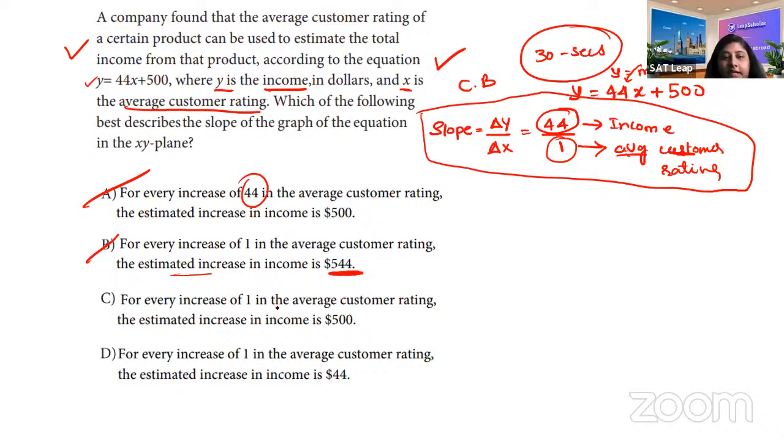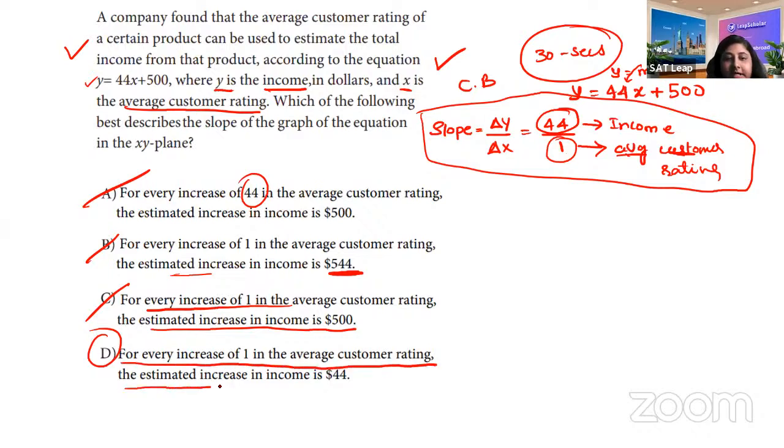For every increase of 1 in the average customer rating, the denominator definition is correct. The estimated increase in income is 500. No, again the numerator definition is wrong. So my answer has to be D because I eliminated all the other options. Let's read the fourth option as well. For every increase of 1 in the average customer rating, the estimated increase in income is 44.